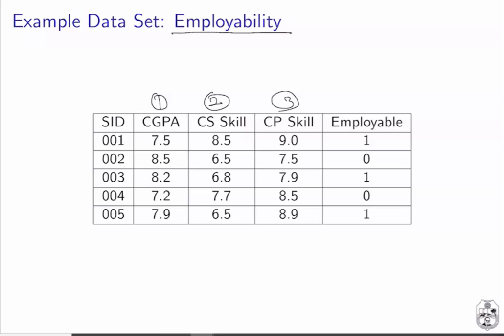We are using these three different features to predict or classify whether students are employable or not, where one indicates the student is employable and zero indicates the student is not employable. So this is a binary classification, and I am using this data set as the sample data set.